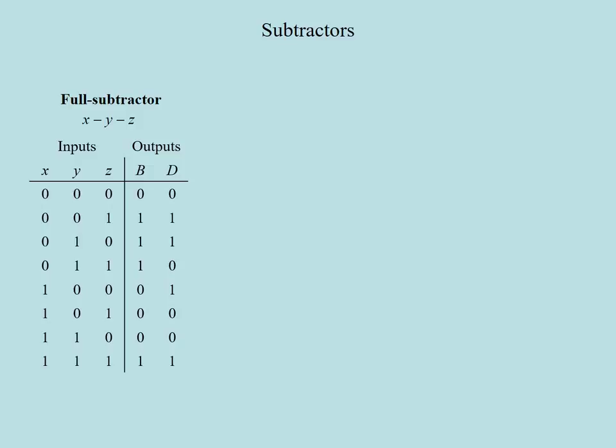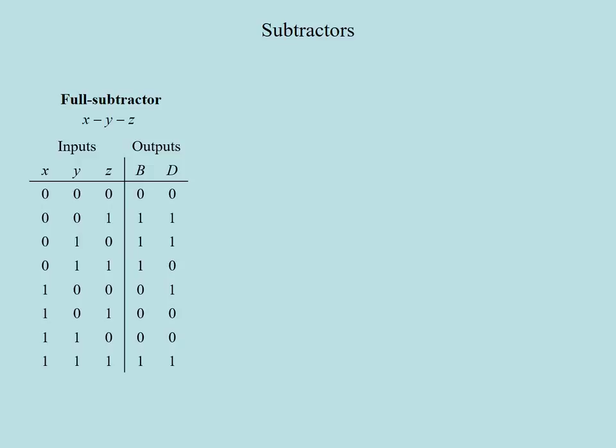However, when x is 1, the difference is 1 if y and z both are equal to 0 or both are equal to 1. On the other hand, a borrow is necessary whenever the sum of the subtrahends is larger than the minuend x. And in those cases, the output b will be 1.